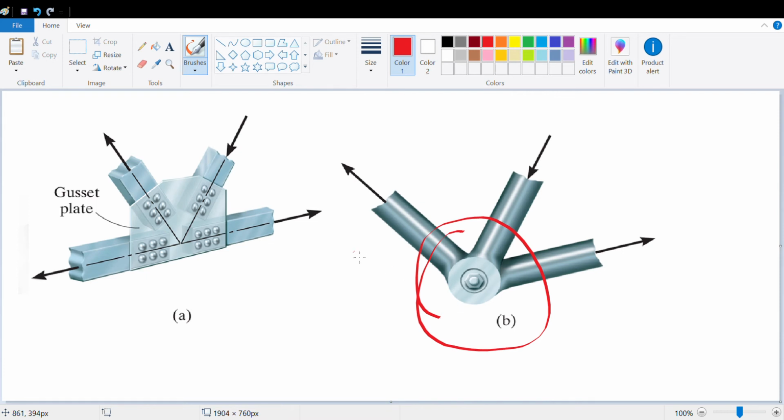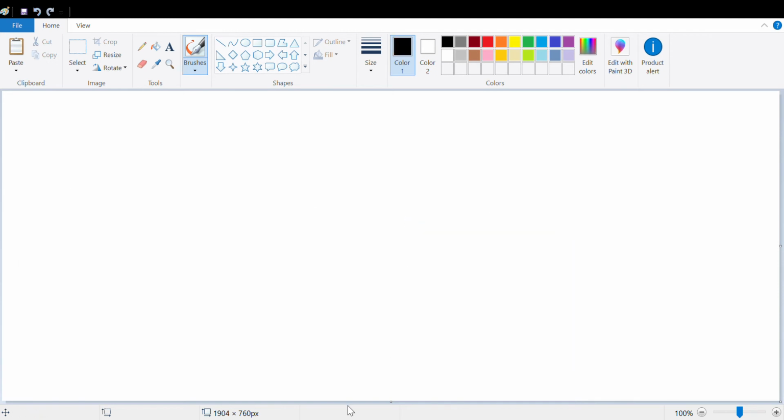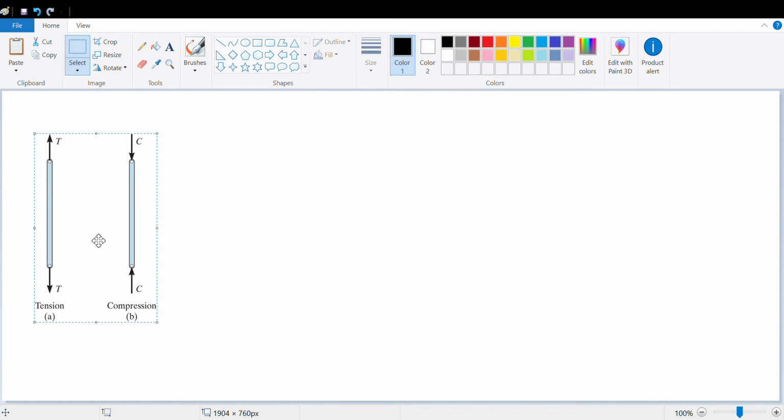Now, because of these assumptions, all the members in a truss will be under either tension or compression. So each member will act as a two-force member. How do we analyze a structure of this type? There are two main methods.